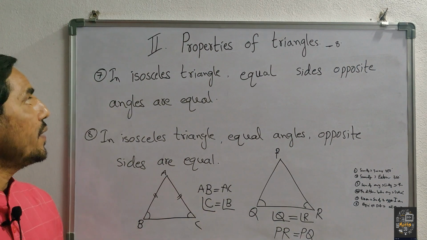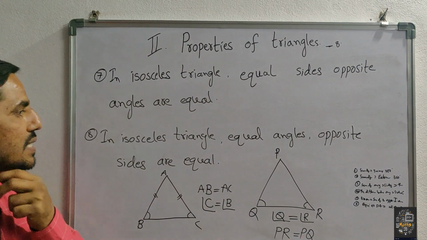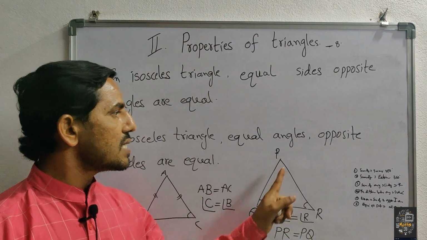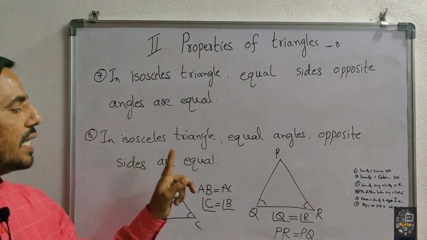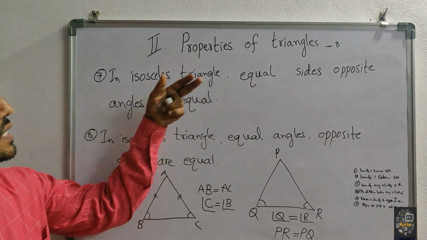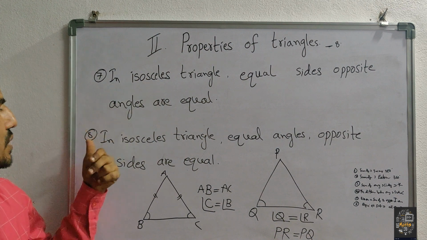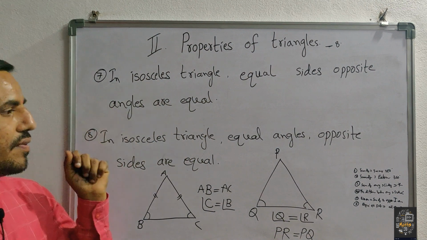Once again, in isosceles triangle, equal angles opposite sides are equal. The seventh condition is the opposite of the eighth one, and the eighth condition is the opposite of the seventh one.